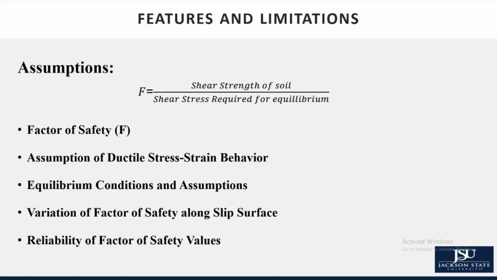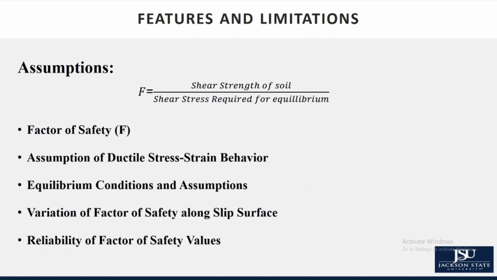But this is the thing that Mr. Duncan actually emphasized in this review paper: all the methods of slope stability analysis mainly focus on the changes of stress in soil, not the changes of strain with the increase of the stresses.